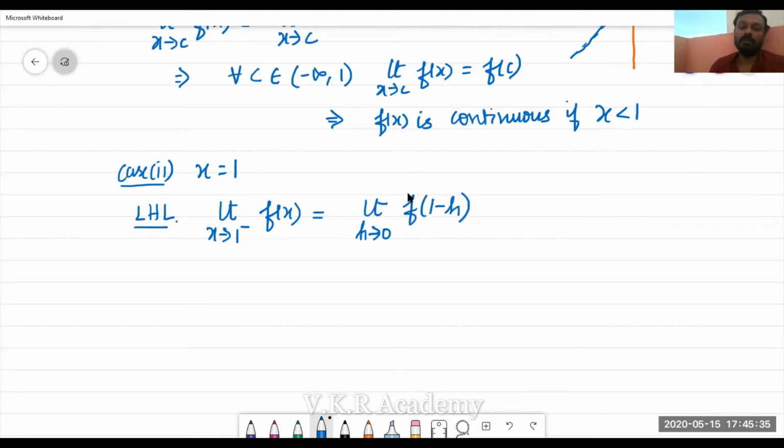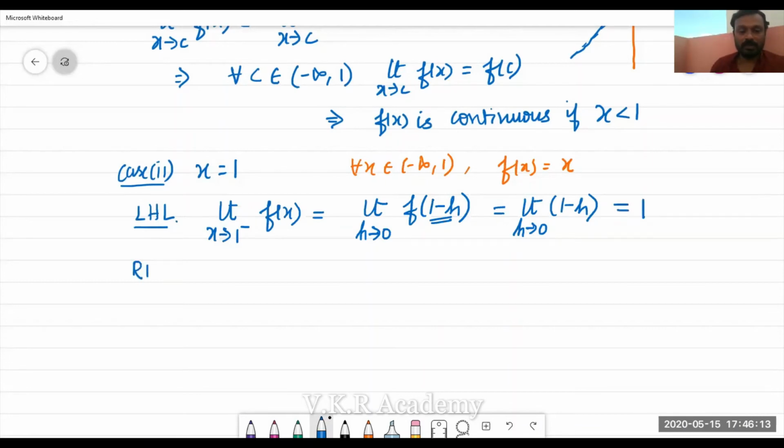And we all know for all x in minus infinity to 1, f of x is equal to x. So f of 1 minus h is going to be 1 minus h. When you allow h tends to 0, it is simply going to be 1.